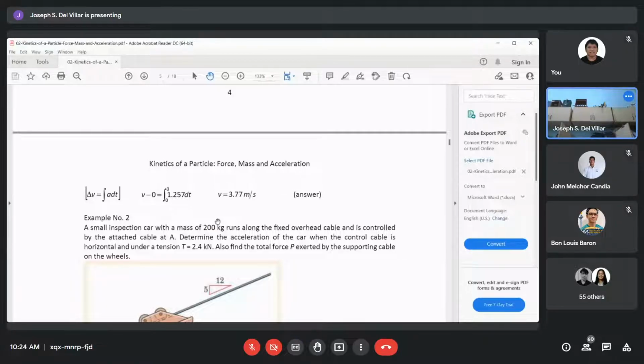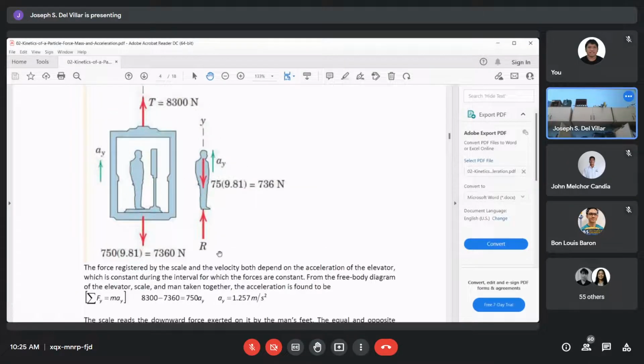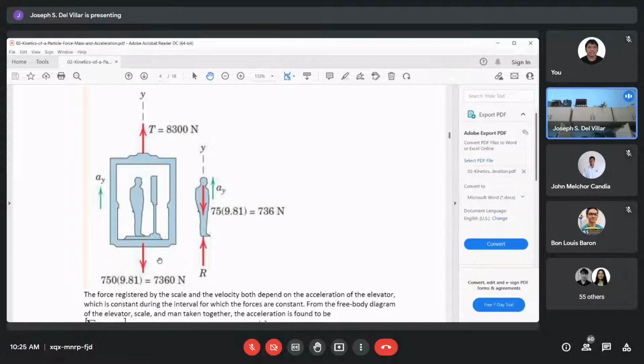Any question? Dito sa elevator problem? Okay? So, the first one, itong lahat, kinonsider lahat ng mass, okay?